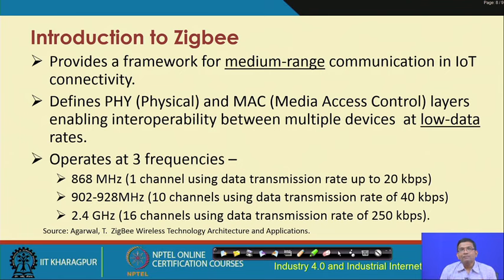Zigbee operates in three frequencies: 868 megahertz, 902 to 928 megahertz and 2.4 gigahertz, and each of their channel characteristics and data transmission rates are as shown.